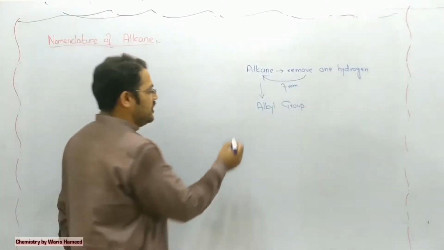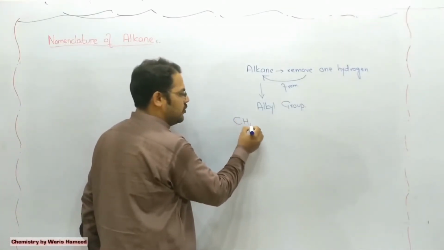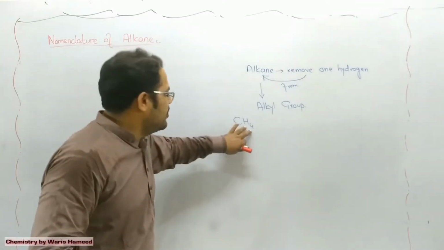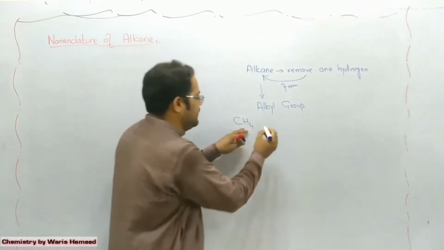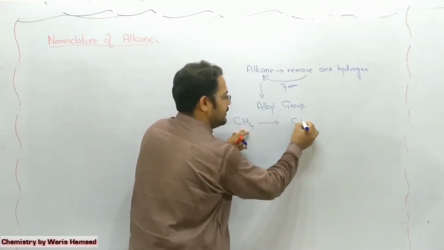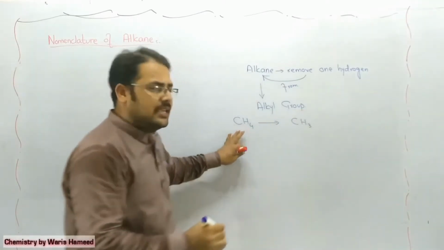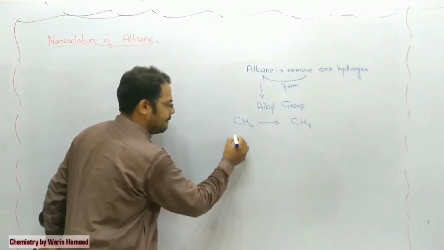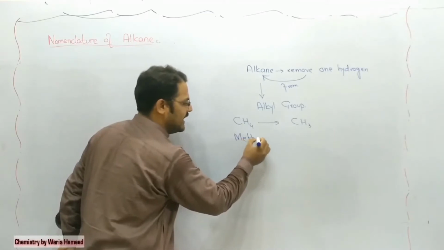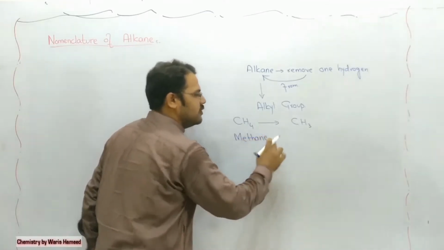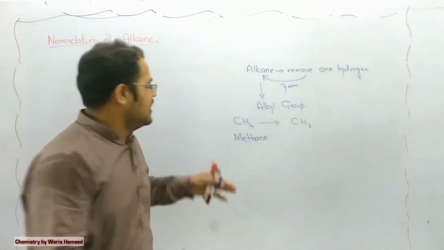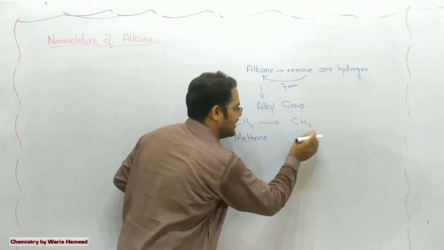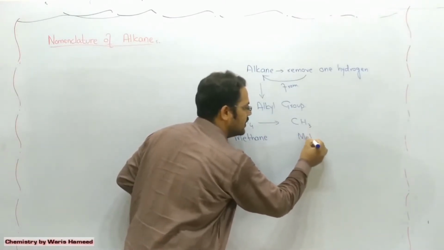For example, we have methane CH4, and if we remove one hydrogen from CH4, it becomes CH3. When we remove one hydrogen from alkane, it forms alkyl group, and here it is methyl.